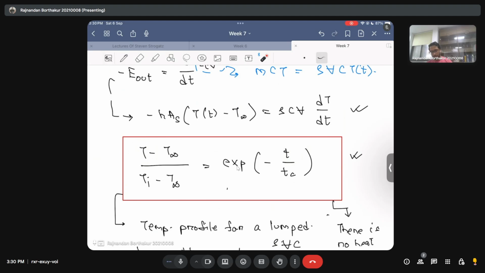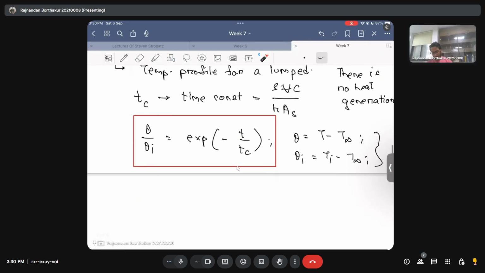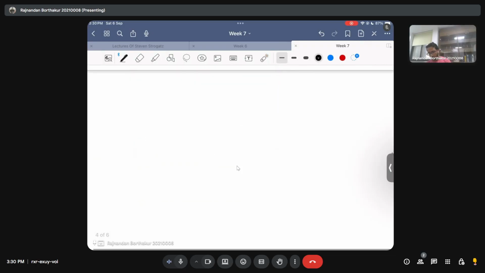Now, some important things I want to discuss here. In the definition of tau c, you have seen that tau c is equal to rho V C by h times A_s. So this is the ratio of the volume of the body to its surface area through which heat is being dissipated.